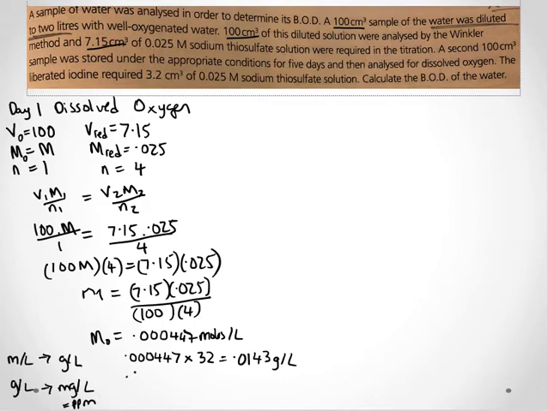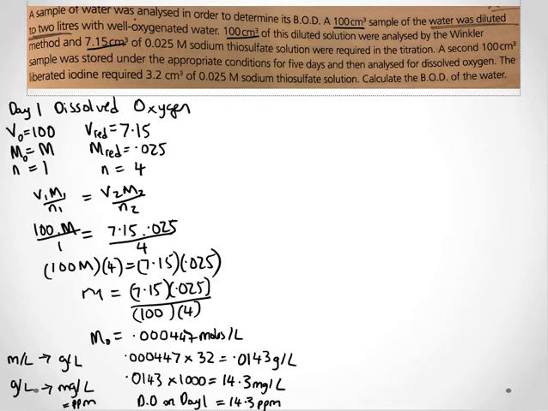So we're going to take our 0.0143 and multiply that by 1,000. And that's going to give us the milligrams per litre, which works out at 14.3 milligrams per litre. And milligrams per litre, of course, is the same as parts per million. So the dissolved oxygen on day 1 is 14.3 parts per million.